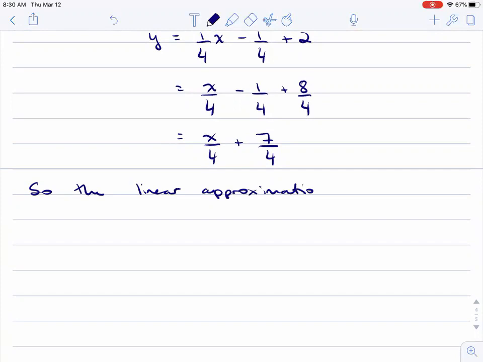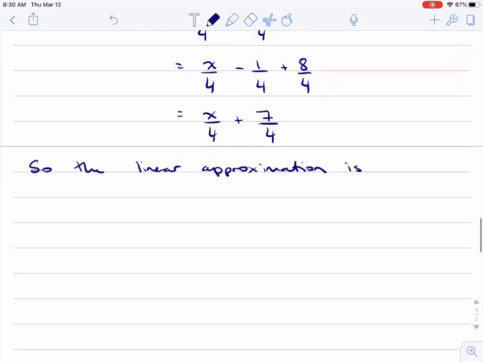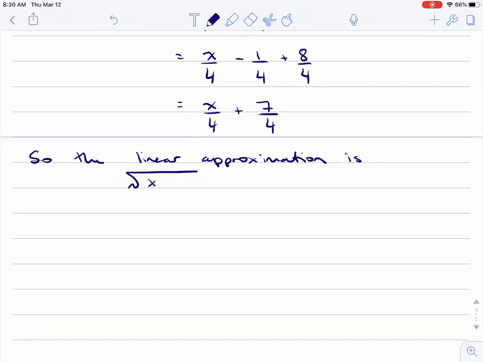So the linear approximation is that the root of x plus 3 is roughly equal to, just to match my notes here, 7 over 4 plus x over 4.